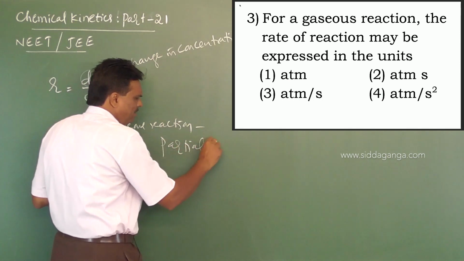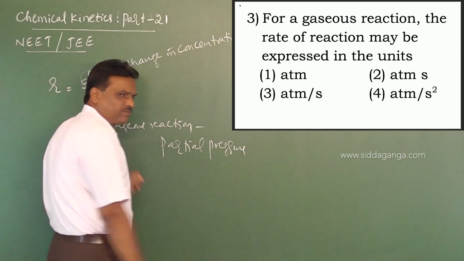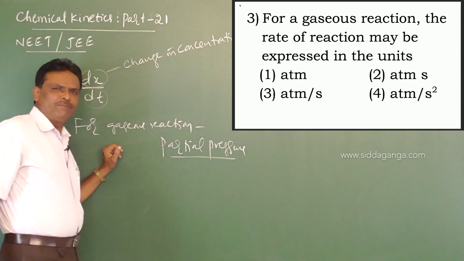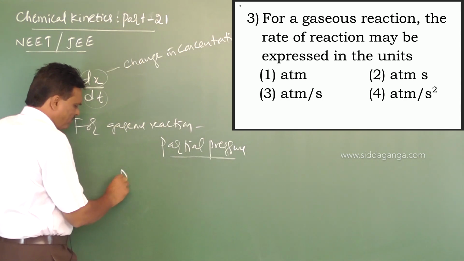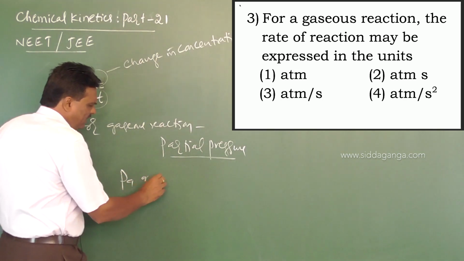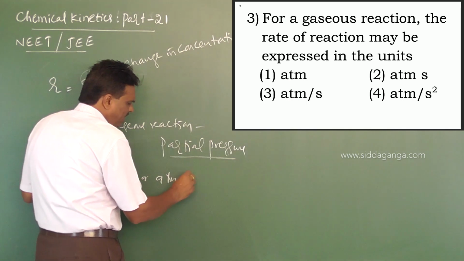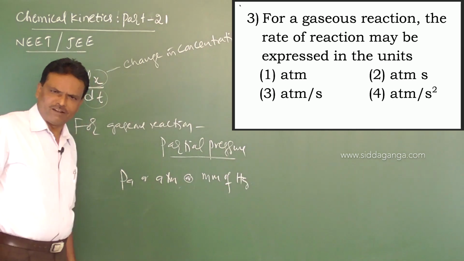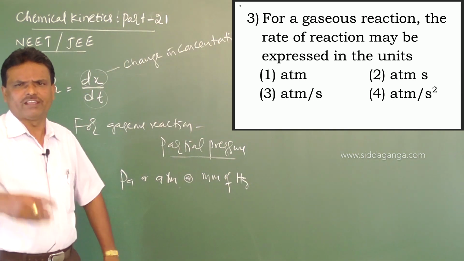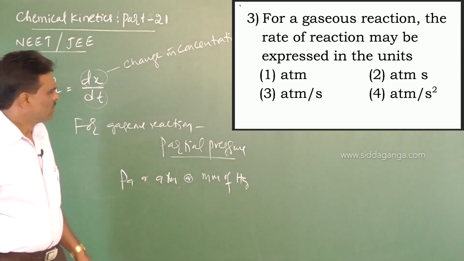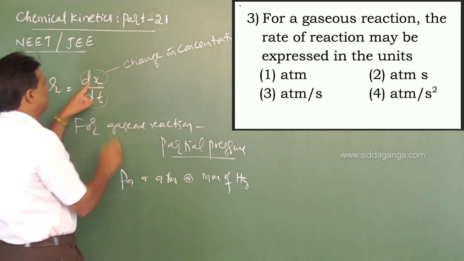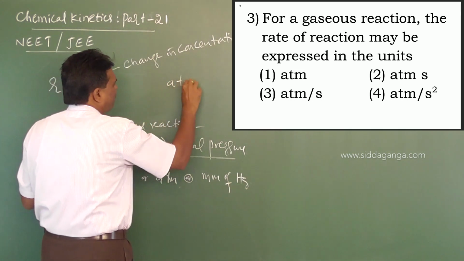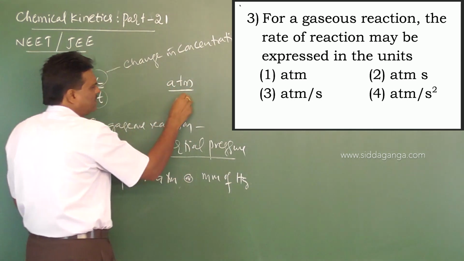So partial pressures in a mixture can be expressed in terms of either pascals, or atmosphere, or millimeter of mercury, or centimeter of mercury. But here what is given is atmosphere. So instead of change in concentration, what should we take? Atmosphere divided by time, second.